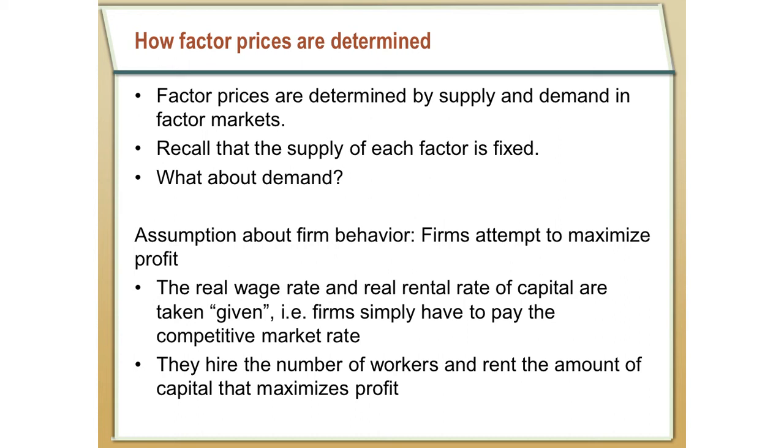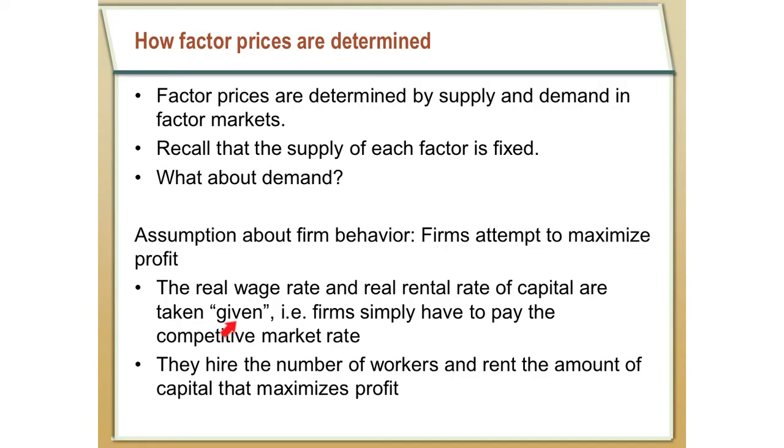So from the firm's perspective, what are they going to do? Well, they're going to hire workers and they're going to rent or buy capital in a manner to maximize their profit. So as long as the benefit to hiring additional workers exceeds the cost, they're going to hire more workers. Same for capital. So from the firm's perspective, the real wage rate and the real rental rate of capital are taken as given.